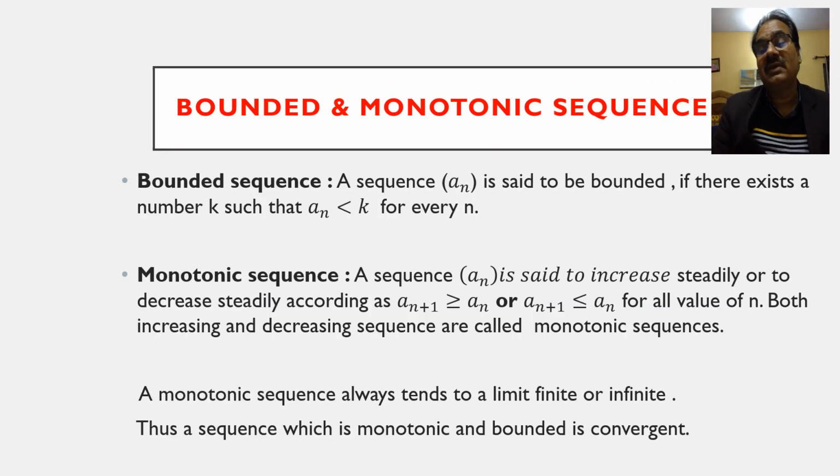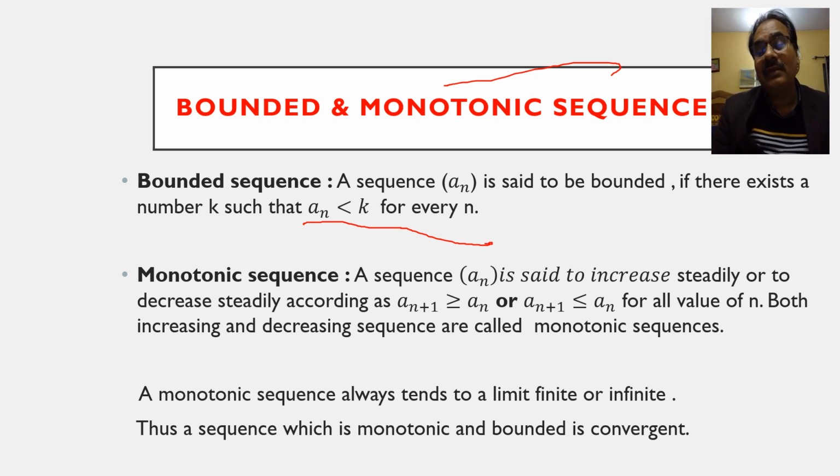Next important aspect is bounded and monotonic sequences. A sequence an is said to be bounded if there exists a number k such that an is less than k for every n. Many of you know monotonic sequences, this is the +2 level course in mathematics, but just go through it quickly.